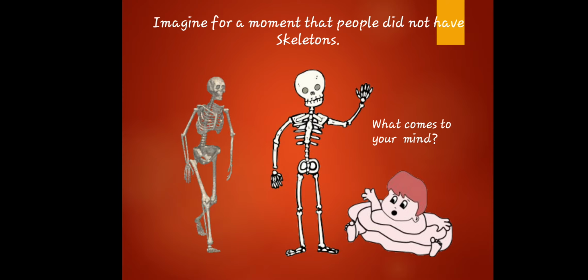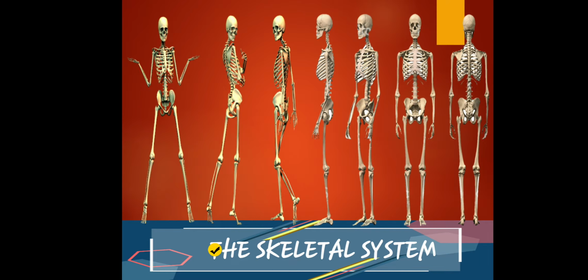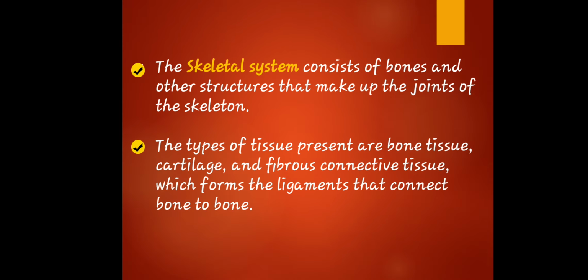So let's proceed now to our topic, which leads to the skeletal system. Since our topic is all about the skeletal system, let's first define what the skeletal system is. The skeletal system consists of bones and other structures that make up the joints of the skeleton. In other words, to be exact, the skeletal system is your central framework, meaning it consists of bone and connective tissue.